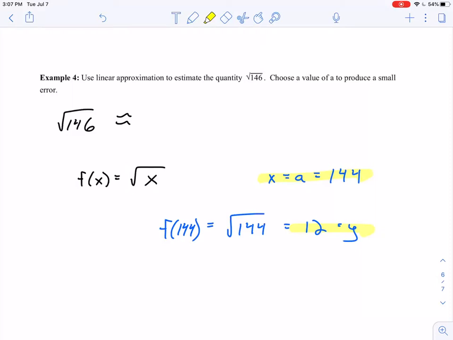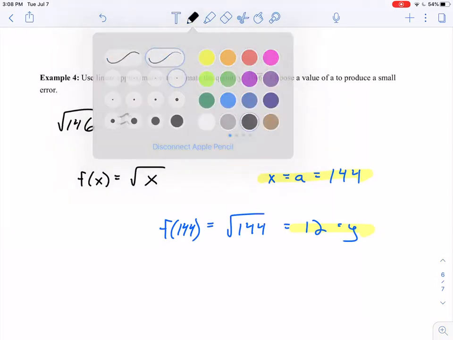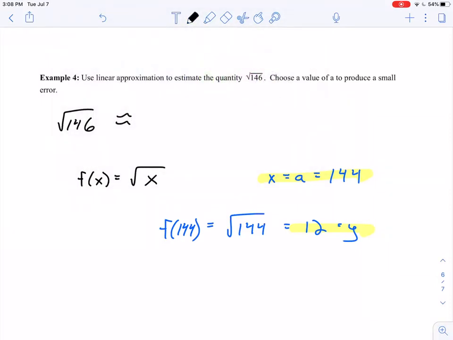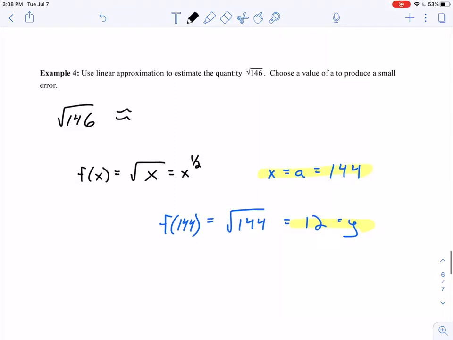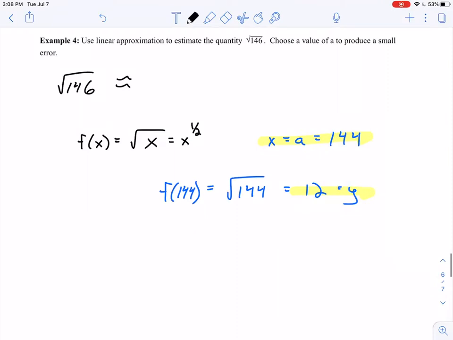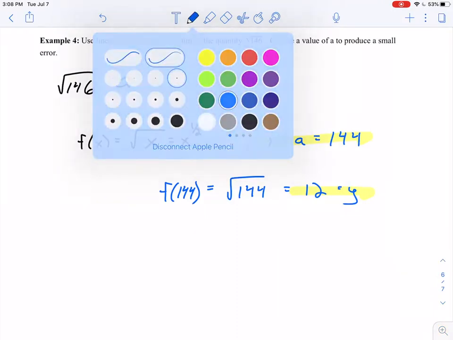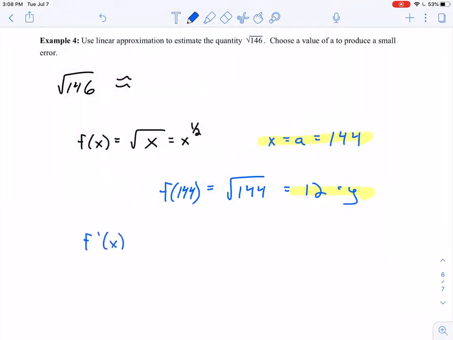All that remains is the slope of the tangent line. Remember that square root of x, we can also think about as x to the 1/2 power. So f prime of x is 1/2 x raised to the negative 1/2 power, or 1 over 2x to the 1/2. If I want, I can write that as 1 over 2 square root of x, if that's a little bit easier to work with.